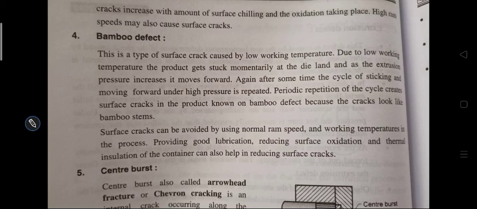The next defect is the bamboo defect. This is a type of surface crack caused by low working temperature. Due to the low working temperature, the product gets stuck momentarily at the die land, and as the extrusion pressure increases, it moves forward.